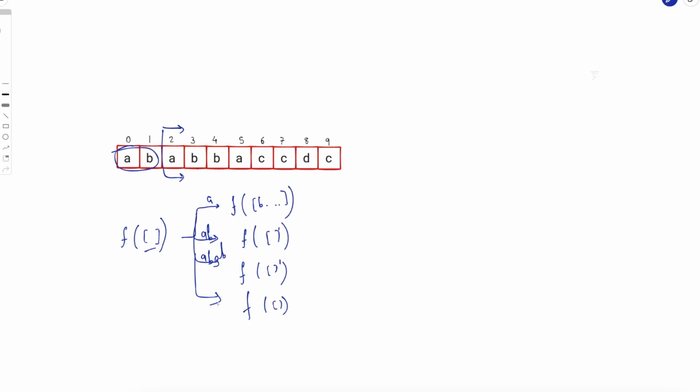Now based on what you are getting, let's say you are getting x1 from here, x2 from here, x3 from here, and x4 from here. You will just take the minimum across all of them and that will be your answer. Basically x1 denotes that to partition the remaining string I need a minimum of x1 partitions.